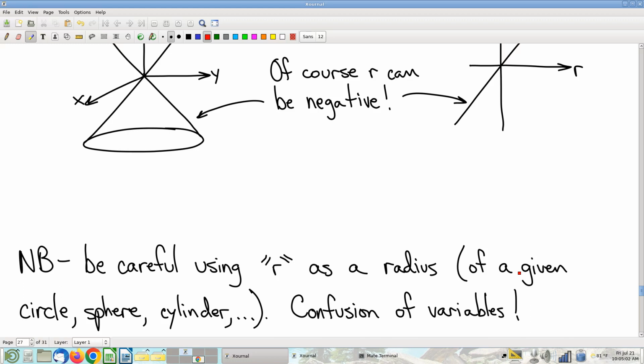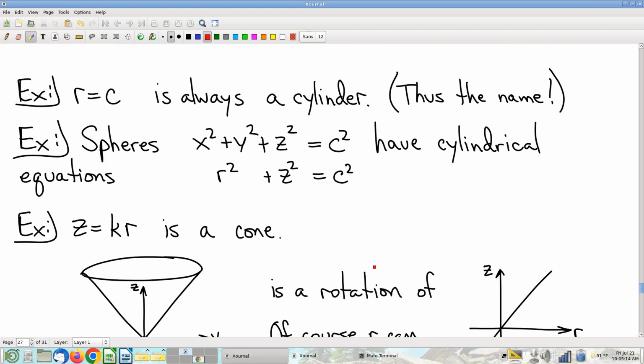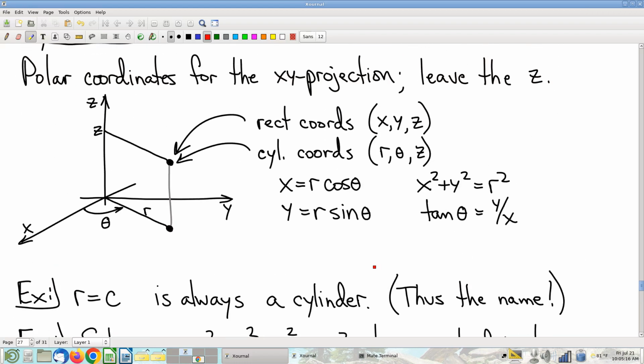There's a temptation when you have round things to make a reference to their radius, and because radius starts with an R, there's a temptation to use R to refer to that radius. Careful though, if you are using R to refer to the fixed constant radius of something, then it cannot also be a variable.